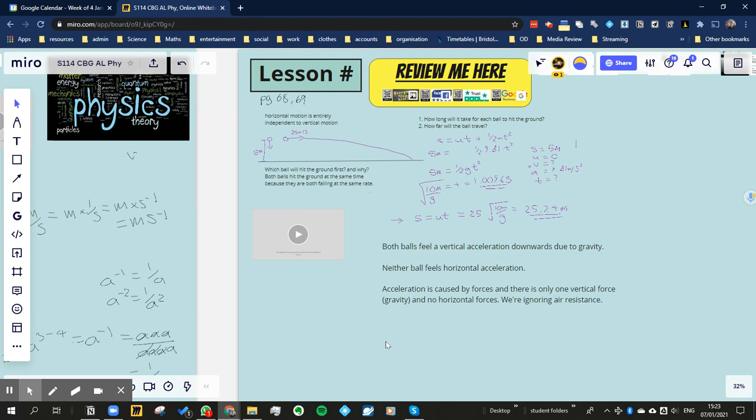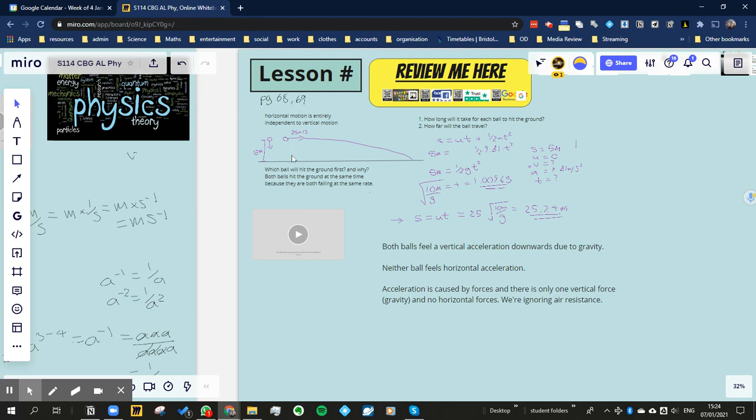So with projectile motion, the first thing to realize is that when something is moving, let's say this ball is moving all the way over here. Let's imagine we had a bullet or a ball moving that way. It's going to gradually come to the ground, and this one is being dropped at the same time. They would both hit the ground at exactly the same time, and that is because horizontal motion and vertical motion are entirely independent of each other.